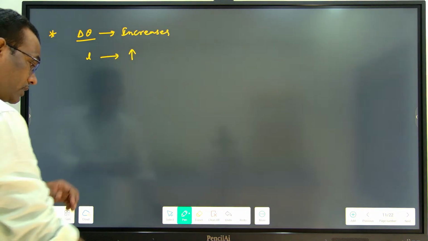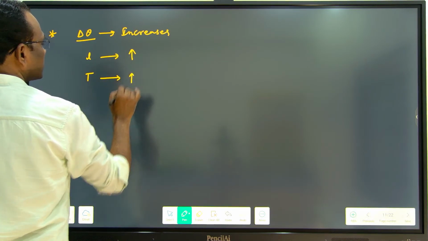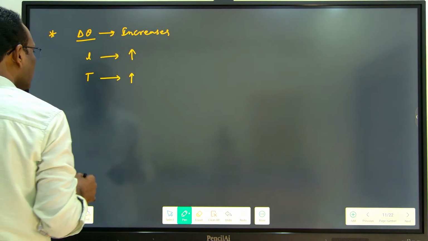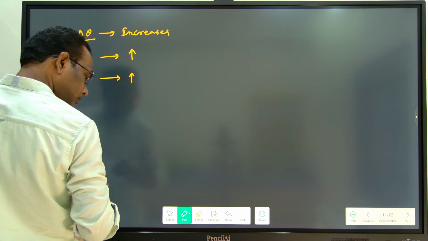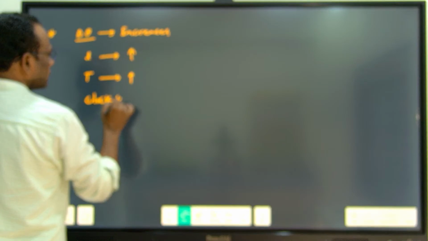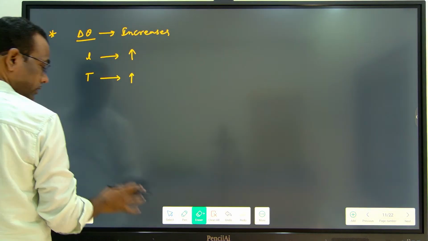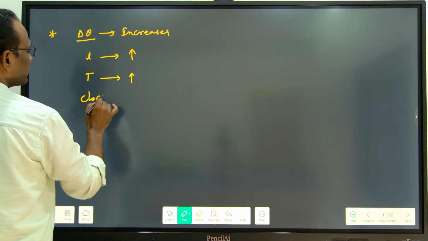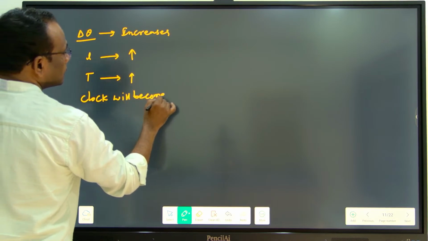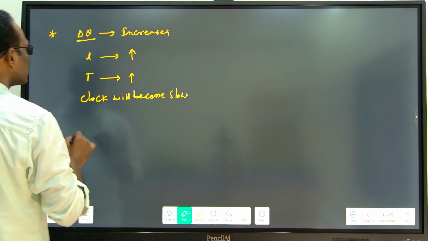The time period of the pendulum increases. Then the clock will become slow. Because of this, the clock loses time.